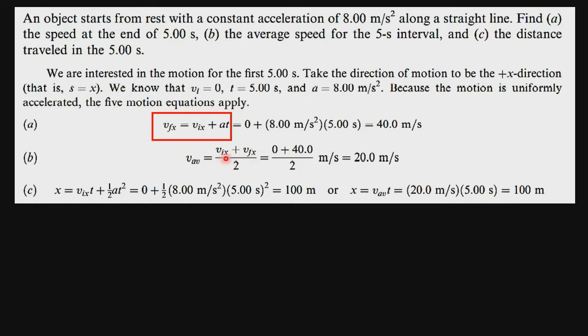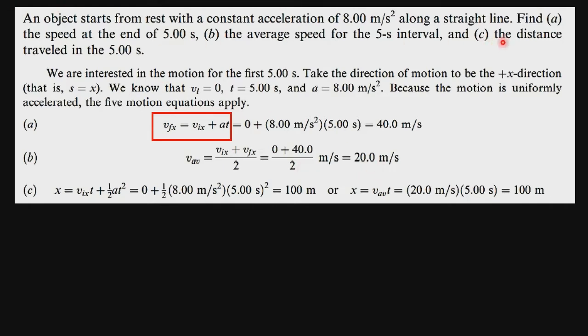Again the initial velocity is 0 because this is coming from rest, and the final velocity is 40, because we were able to generate the final velocity in the first problem, which is the velocity after 5 seconds. So 40 divided by 2 will only be 20 meters per second.